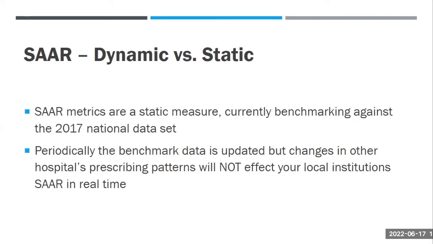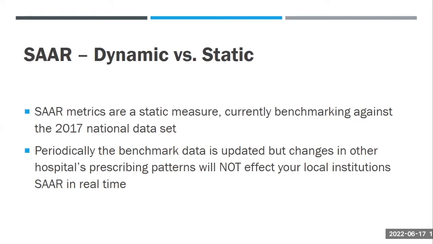I bring that up because, since it's a static benchmark, your specific number won't be affected by what everyone else in the nation is doing in 2021 or 2022. It's still going to be comparing back to 2017. However, if you're comparing your hospital to someone else's number for the same time, they're going to have the same environmental effects.